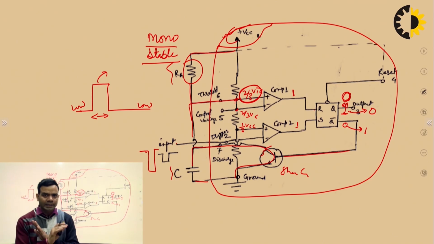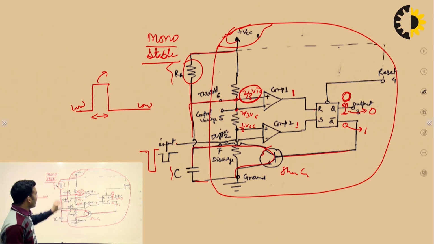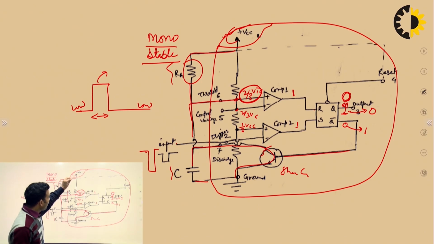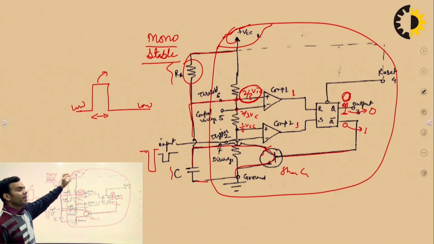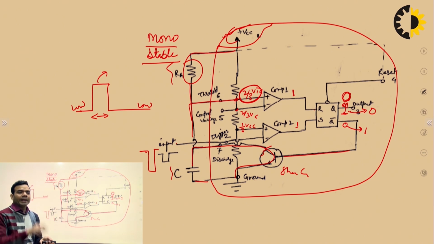I haven't done anything. I have this circuit, I have provided the VCC, and I have done only one thing, that is I triggered this circuit with negative triggering pulse, and this is what happened.